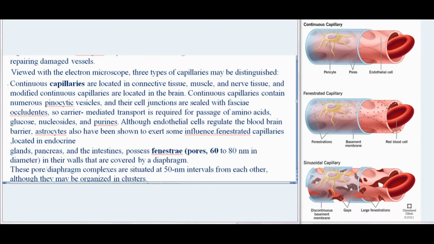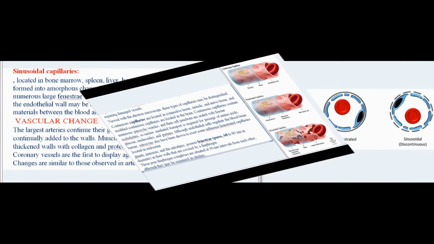Fenestrated capillaries, located in endocrine glands, pancreas, and the intestines, possess fenestrae, pores, 60 to 80 nanometers in diameter, in their walls that are covered by a diaphragm. These pore/diaphragm complexes are situated at 50 nanometer intervals from each other, although they may be organized in clusters.